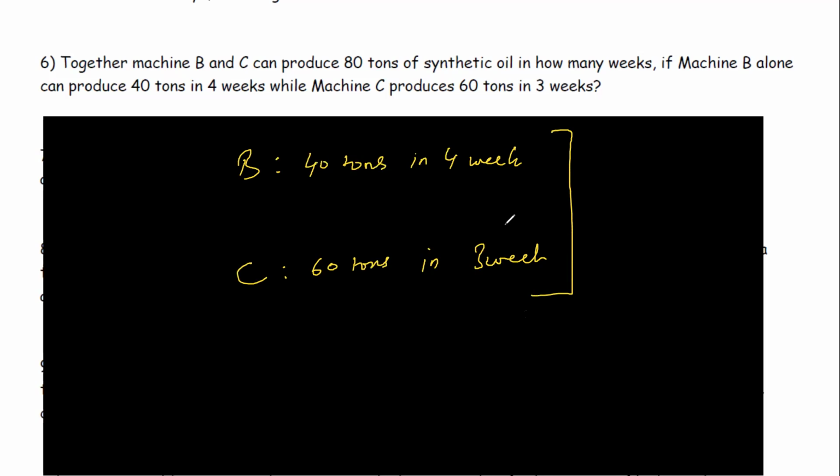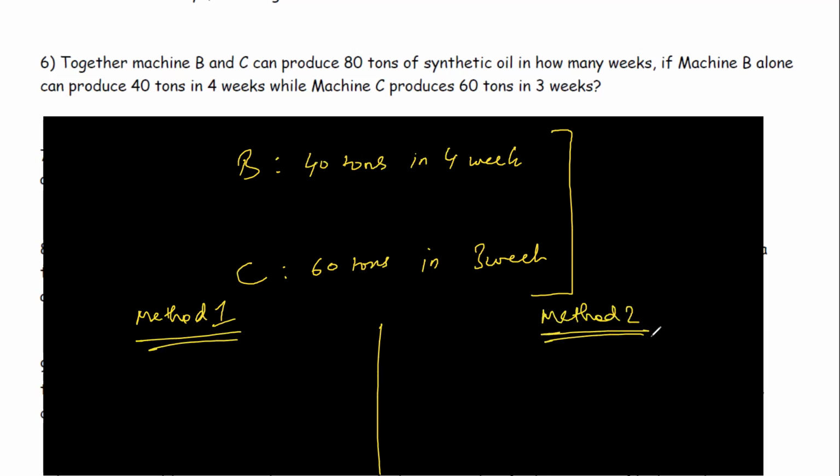All right. So the question is, together they'll take how much time? So what we do is 40 tons in 4 weeks, 60 tons in 3 weeks. So together how much? We can't simply do 7 weeks, 100 tons. That's incorrect. So there are two ways to solve this. Method one, they both are the same things, but calculation depends on how comfortable you are with things, right?